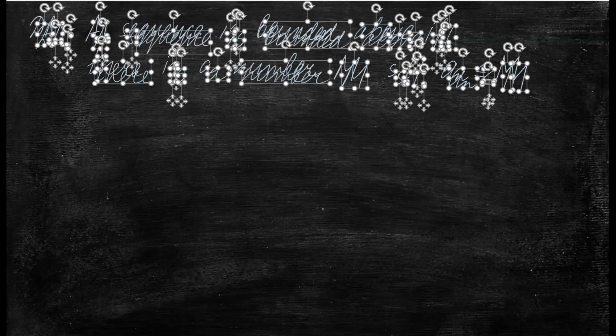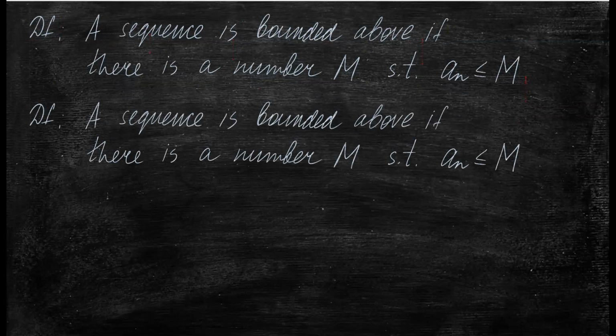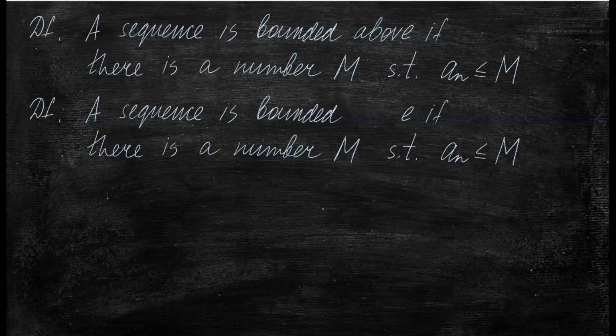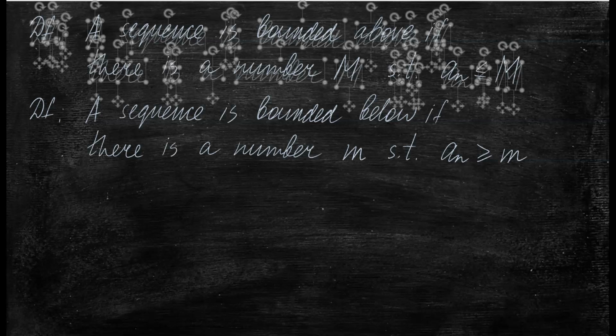Now we say that a sequence is bounded below if there is some number m, small or may not be small, such that every element of the sequence is greater than that number.